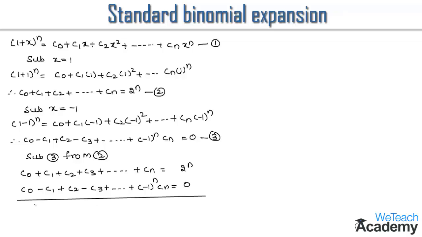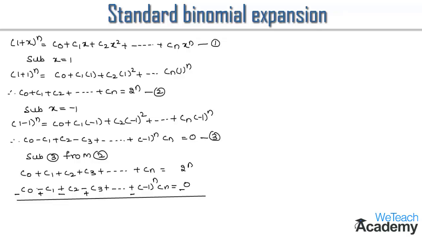We know that while subtracting, all the signs of the second equation get changed. So plus C0 becomes minus C0, minus C1 becomes plus C1, plus C2 becomes minus C2, and minus C3 becomes plus C3. Coming to the nth term, we have plus (minus 1)^n Cn, which would also become negative.